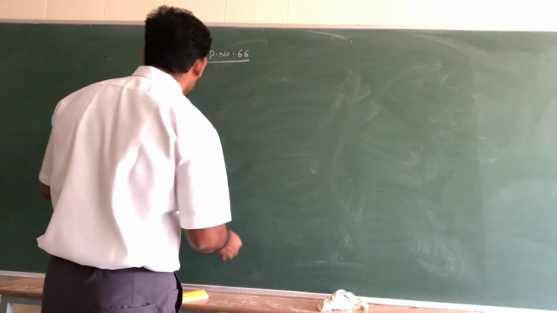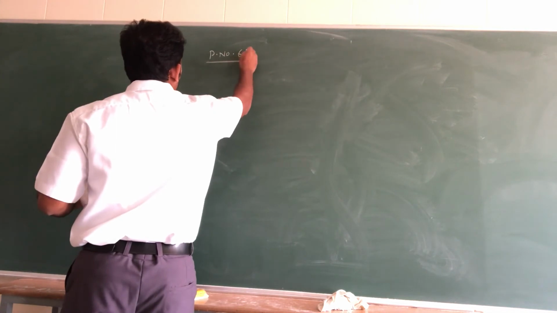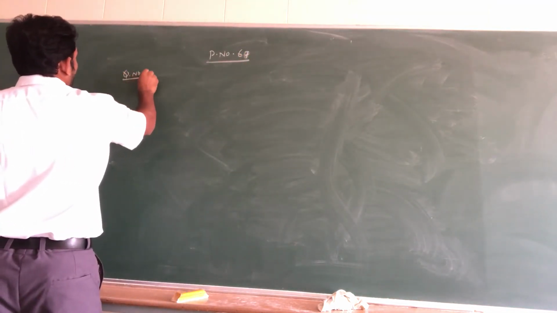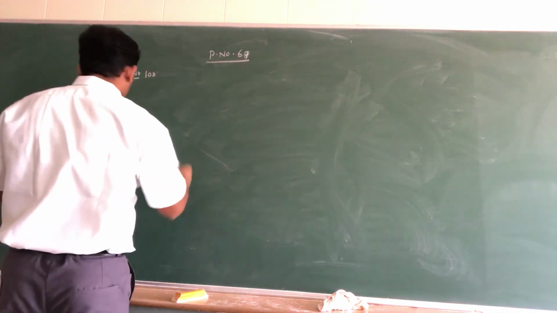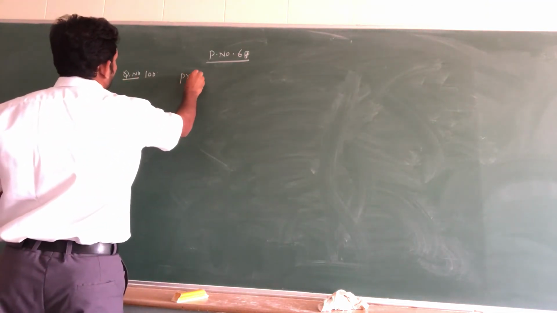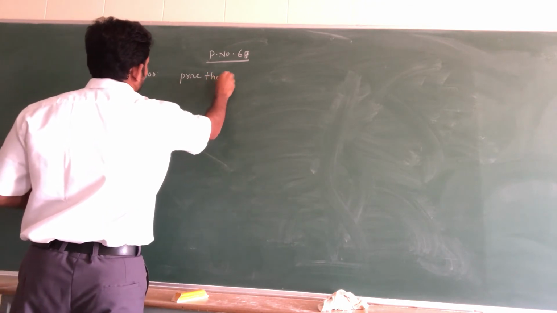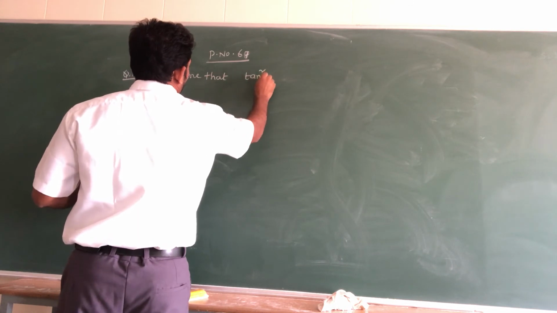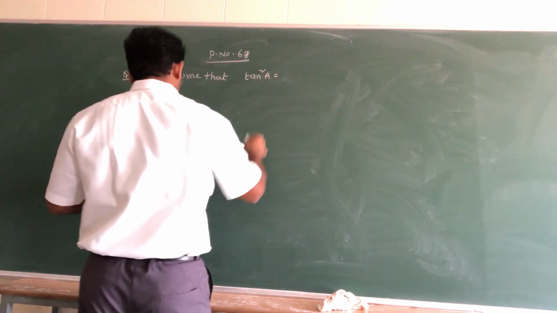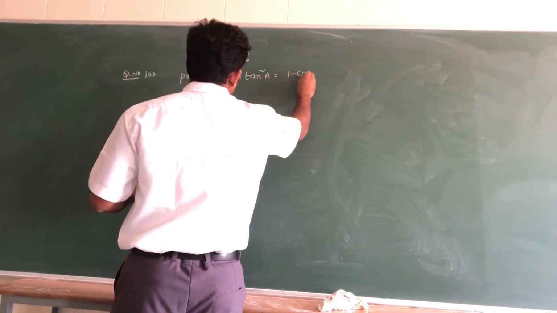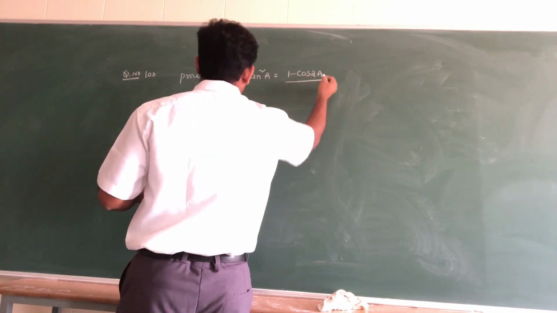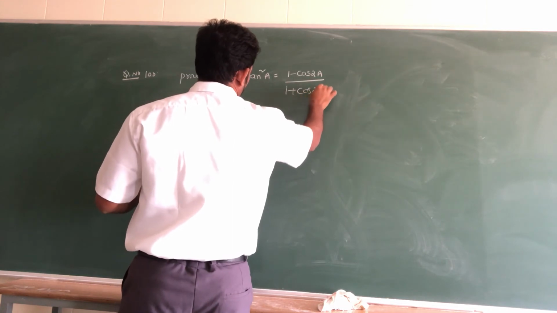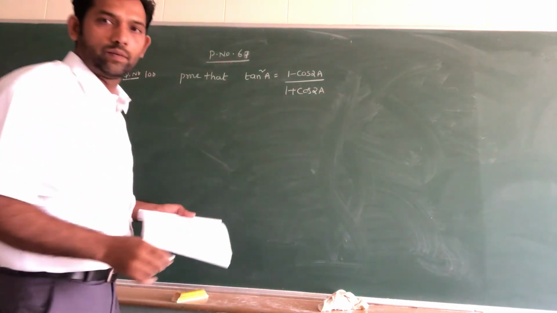Next, you see page number 67, question number 100. What is that? Prove that tan square A is equal to 1 minus cos 2A divided by 1 plus cos 2A.